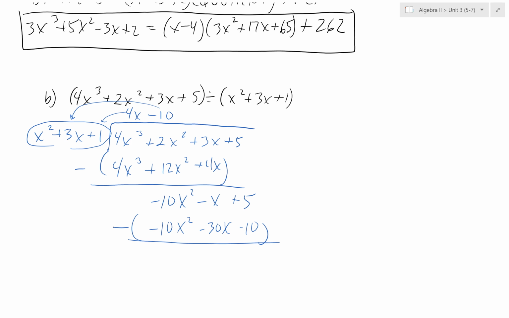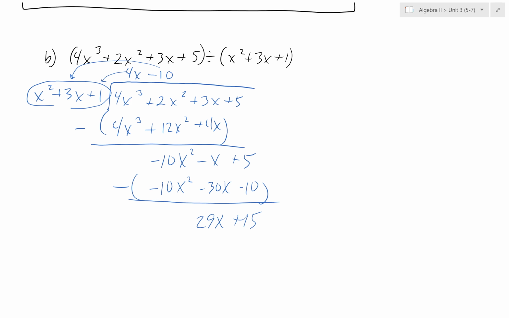Marissa, what'd you get? Positive 29x plus 15 is correct. Okay, questions on that? Now if I tried to divide x squared into 29x, x squared is a bigger exponent than x, so that means I'm done. I can't divide anymore, and now we're ready to write our answer.